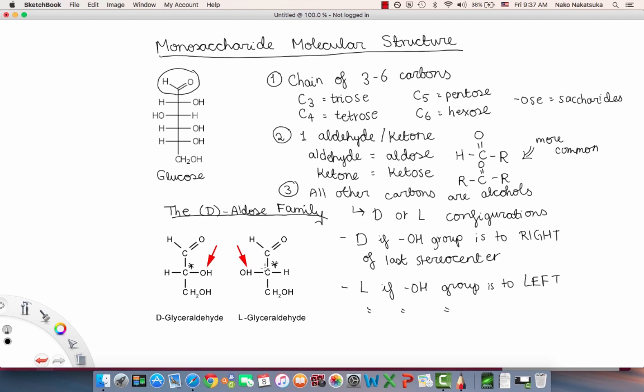So looking at this stereocenter, if the OH group is to the right, like so, it's D. If it's to the left, it's L. It's as simple as that. But when you have more than one stereocenter, it's always based upon the last stereocenter. And I'll show you a little more of that in a second.